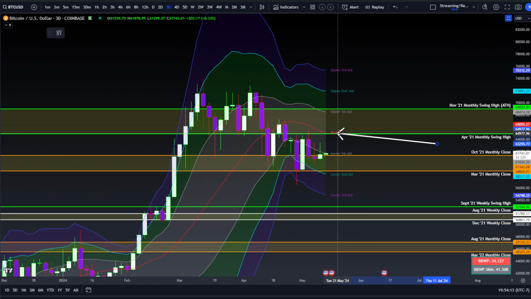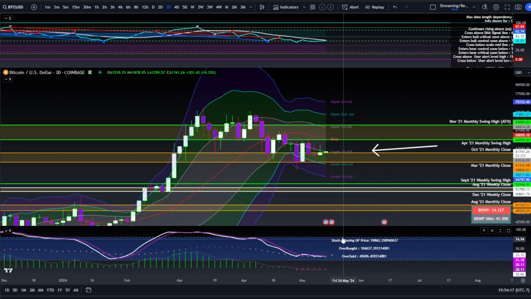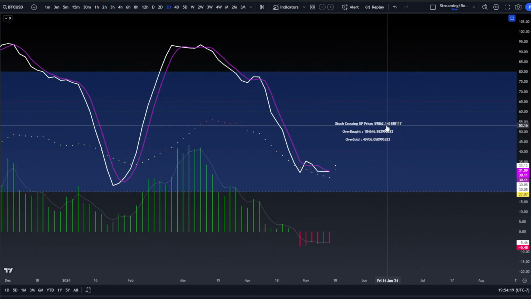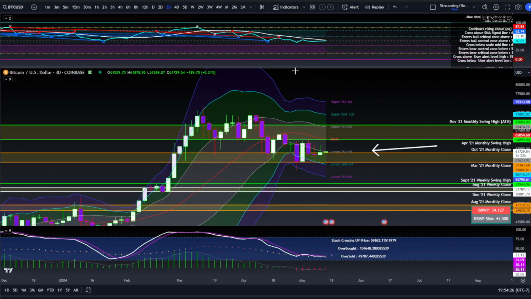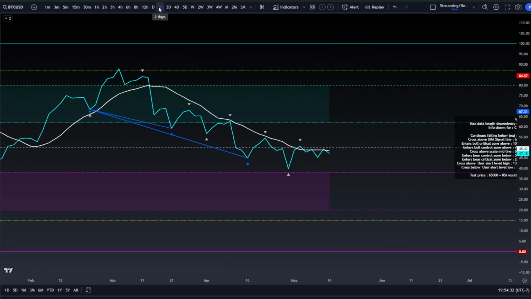Above there, I'd be looking to $65,000 on the 3-day, but this is going to be probably a long 3 days. We can see that any closures above 59,862, however, would give this an initial cross back to the upside. So that is a little bit encouraging for the bulls. The other thing to note here is on the 3-day, let's see on the 2-day what we're getting. Yeah, rejection at the simple moving average here.